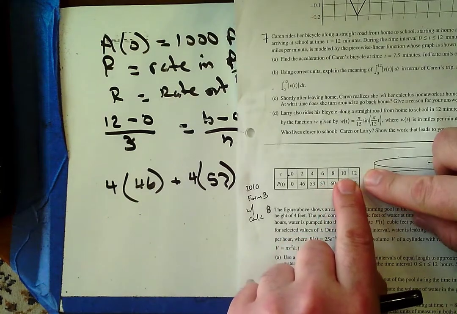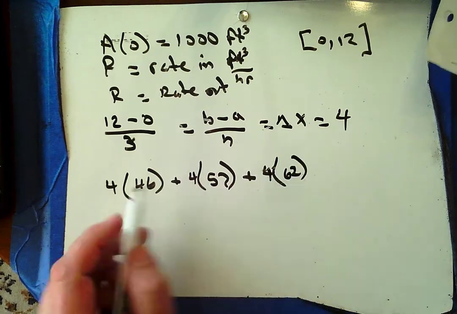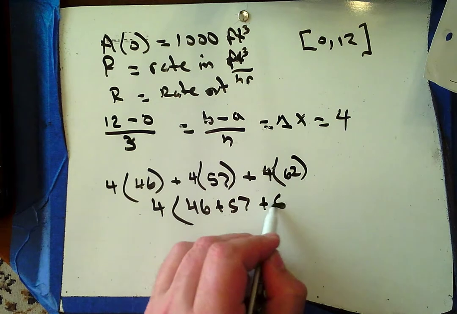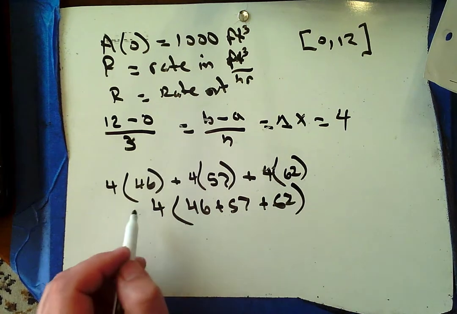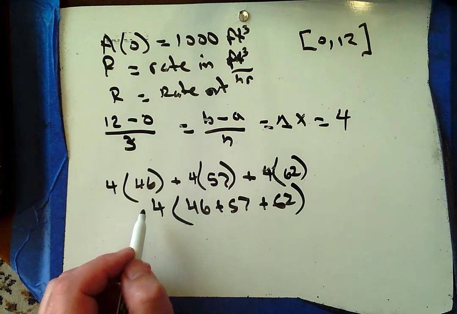I go halfway across that interval to 10 and pick up 62. And you could certainly have written this as 4 times the quantity 46 plus 57 plus 62, with the 4 factored out.